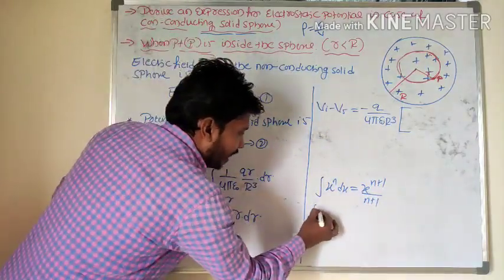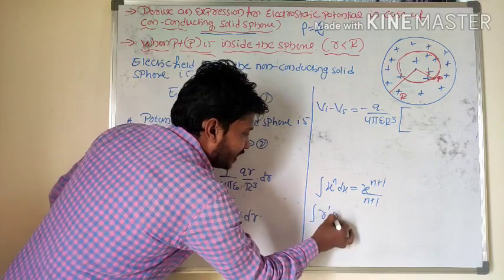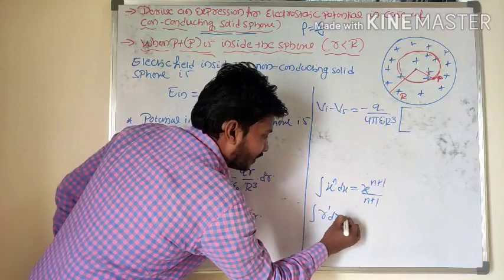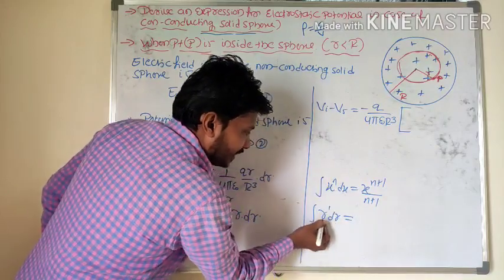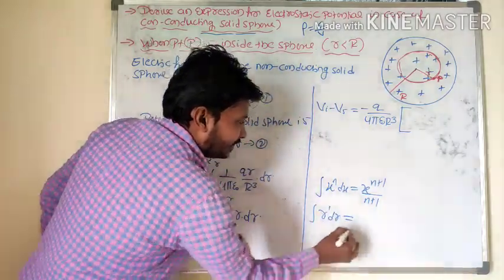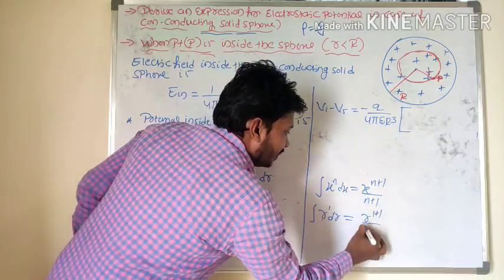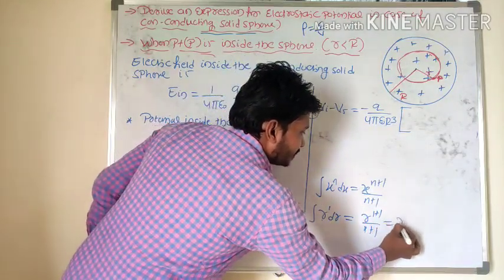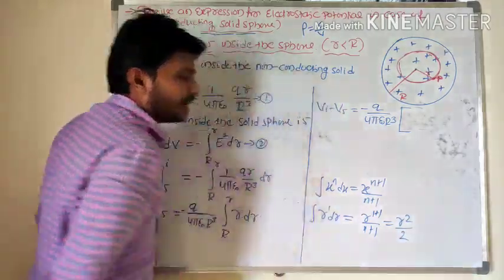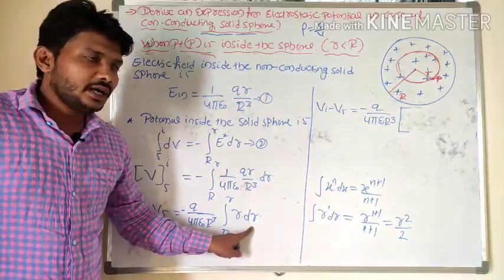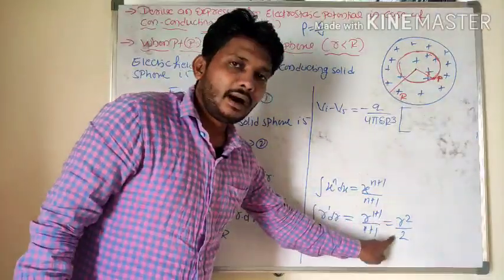Similarly here, r to the power of 1 dr, instead of x here r is there, n means 1, so 1 plus 1 divided by 1 plus 1. So I write this as r square by 2. Integration of r dr is equal to r square by 2 here.